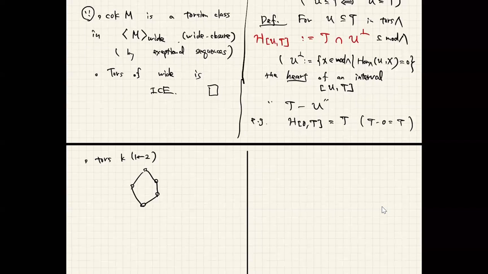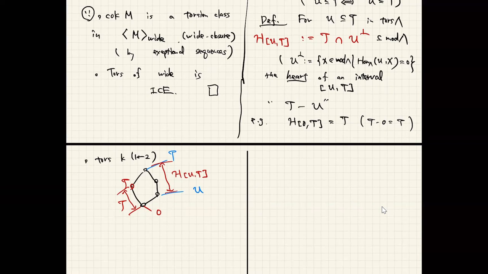And for example, if this is T and if this is U, then it's just an image illustration, and the difference of this and this is H sub UT. And for example, the difference of this and this is the smallest element, which is 0. So if this is T, then this difference is T. So it's just an image.